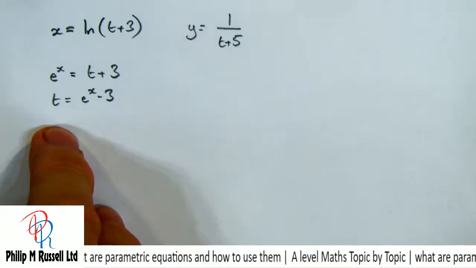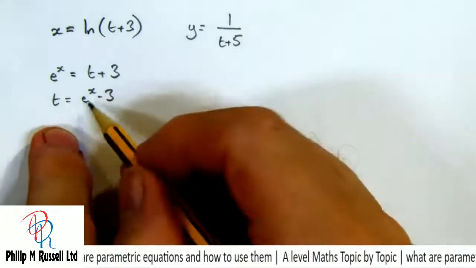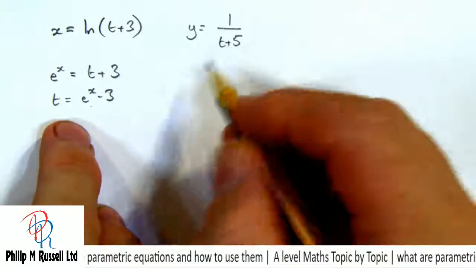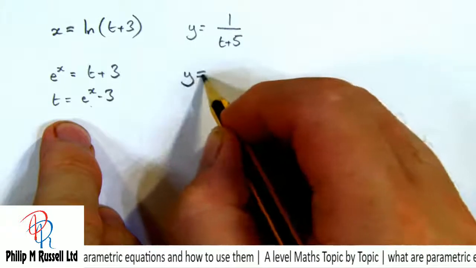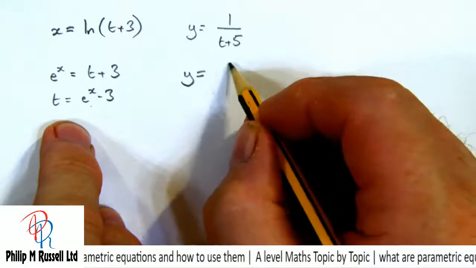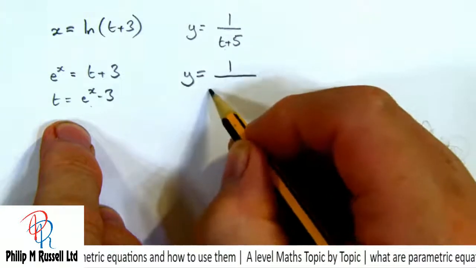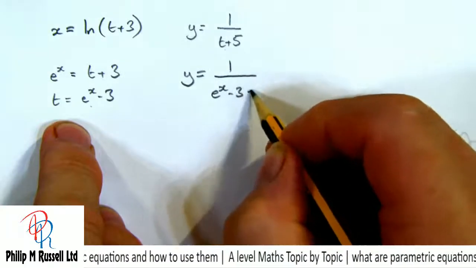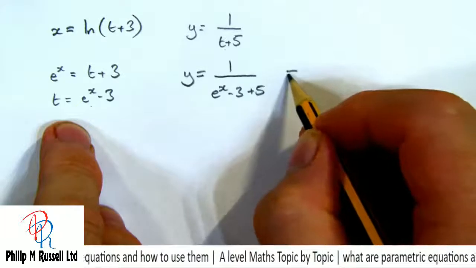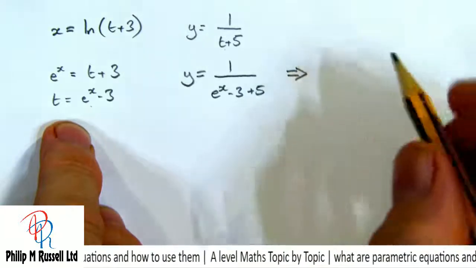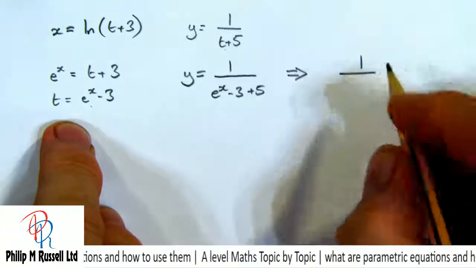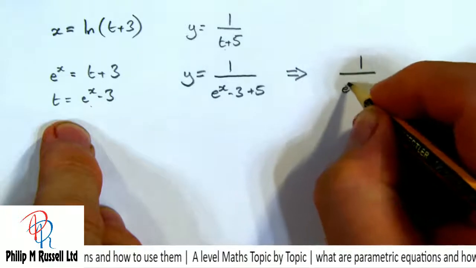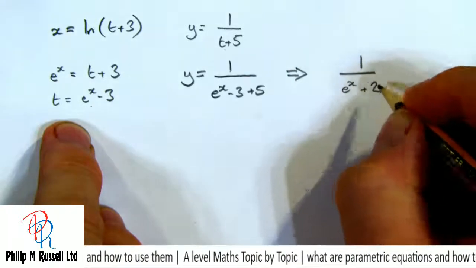Well, we can now substitute this into there, and I can say that y is going to equal 1 over e to the x minus 3 plus 5, and that's going to give me 1 over e to the x plus 2.